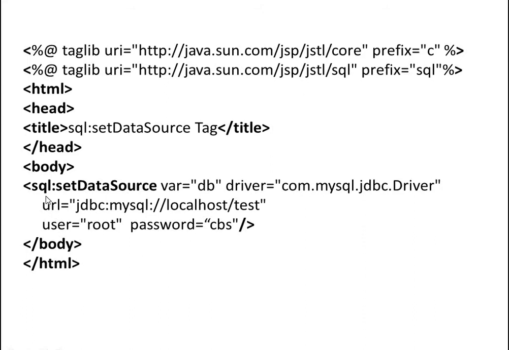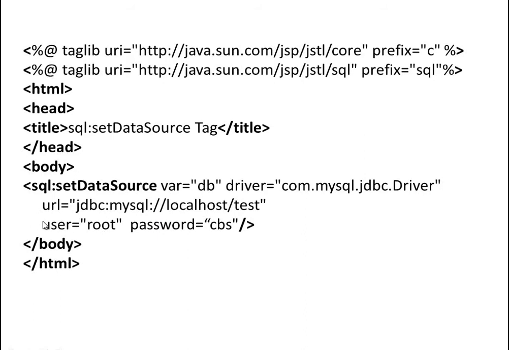So here we'll write sql:setDataSource, then the variable, driver is equal to com.mysql.jdbc.Driver. So if you write a normal JDBC connection, we'll write the method Class.forName. But if you're using JSTL, we don't write that Class.forName method. We'll write this tag sql:setDataSource, and simply create the data source as db here, and we'll provide the driver URL.